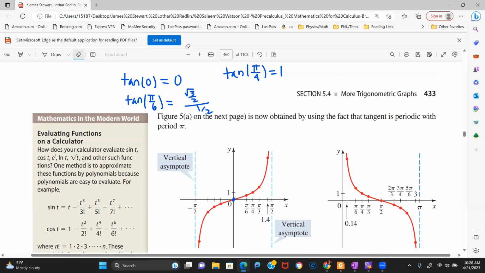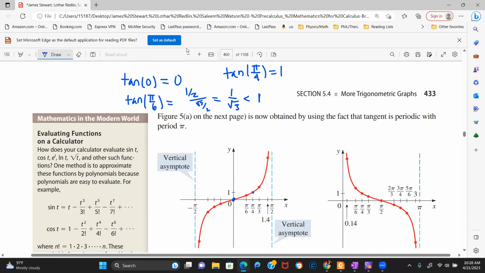So the tangent of pi over 6 is actually going to be 1/2 over √3 over 2, and that simplifies to 1 over √3. So this is less than 1, and that's what you see in this graph.